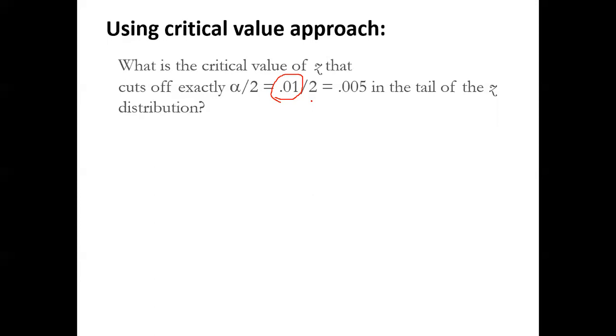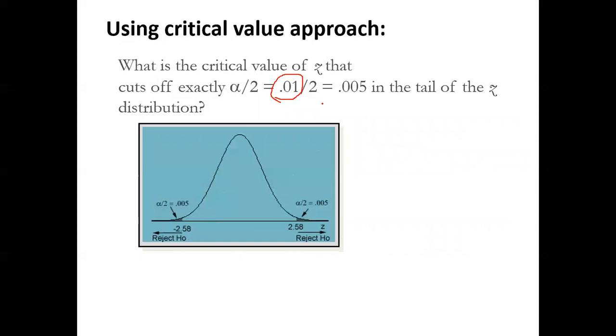So when you draw the graph, you will get the alpha value divided by 2, that is 0.005 for both tails.